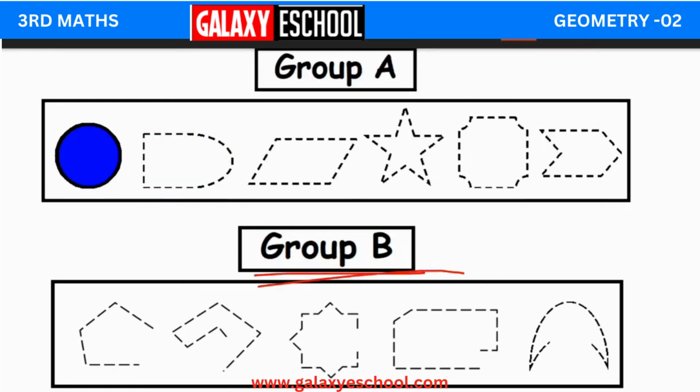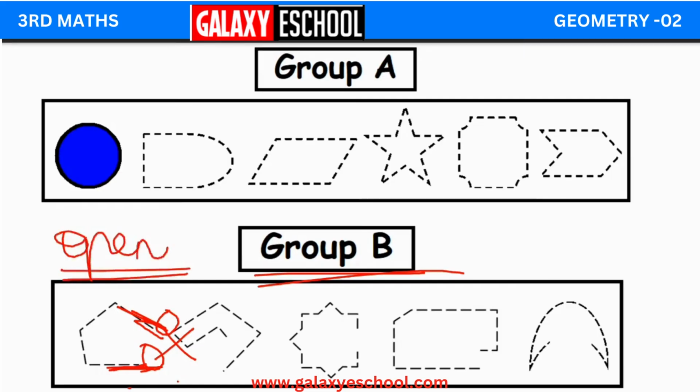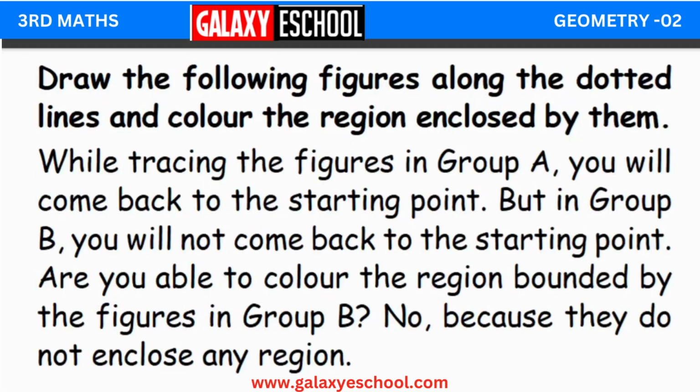Whereas if we observe the figures in group B, children, this is our starting point, this is our ending point. These 2 ends do not meet each other. So these figures are called open figures. The ends do not meet here. So what is another definition that we have learned?